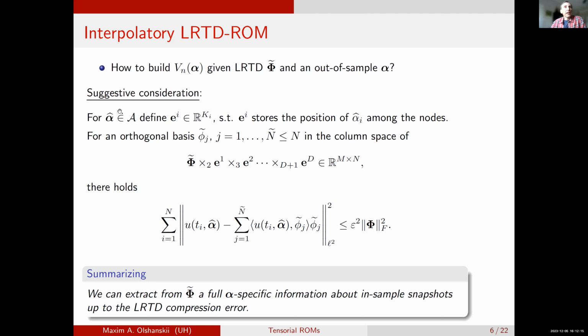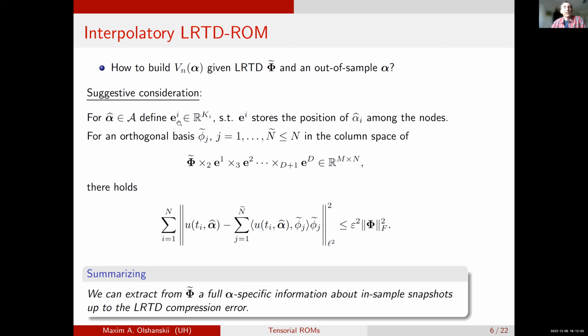Assume for a second an in-sample parameter, so a parameter from the training set, and let e_i be a vector of zeros and one in one particular position, which remembers the position of the ith component from our parameter among the grid nodes, the nodes of the sampling set for the parameter.